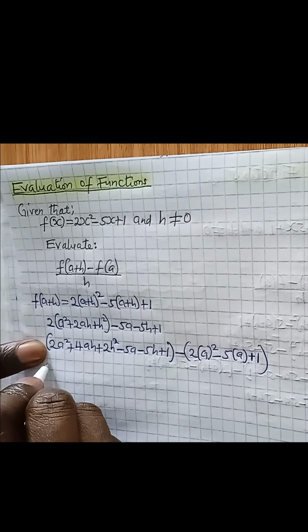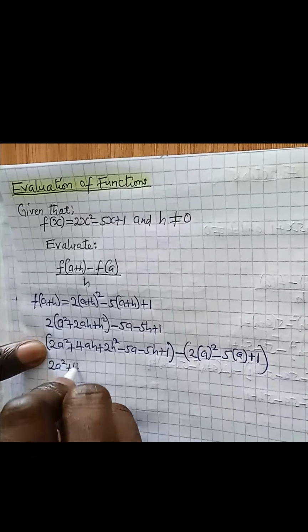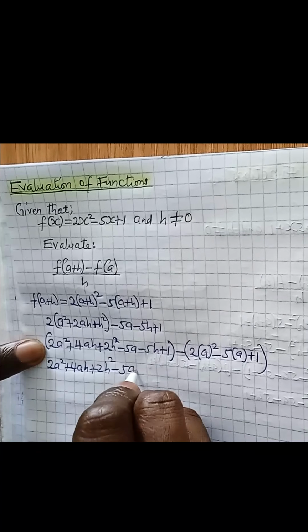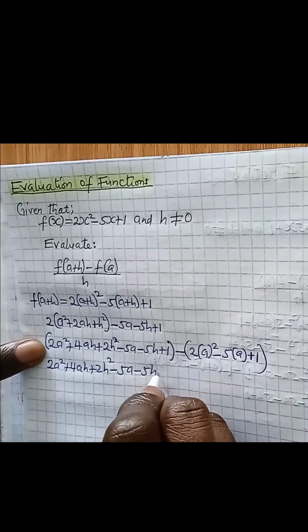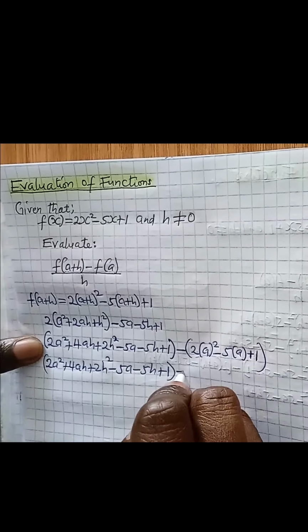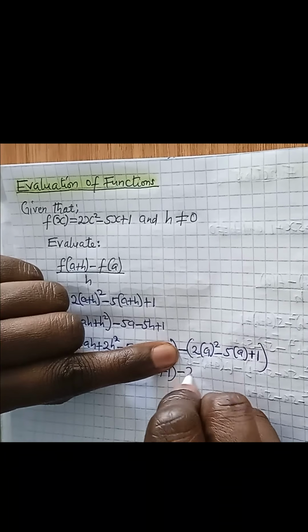So it's going to be here 2a squared plus 4ah plus 2h squared minus 5a minus 5h plus 1, the whole of this one minus this one, it's going to be minus 2a squared.